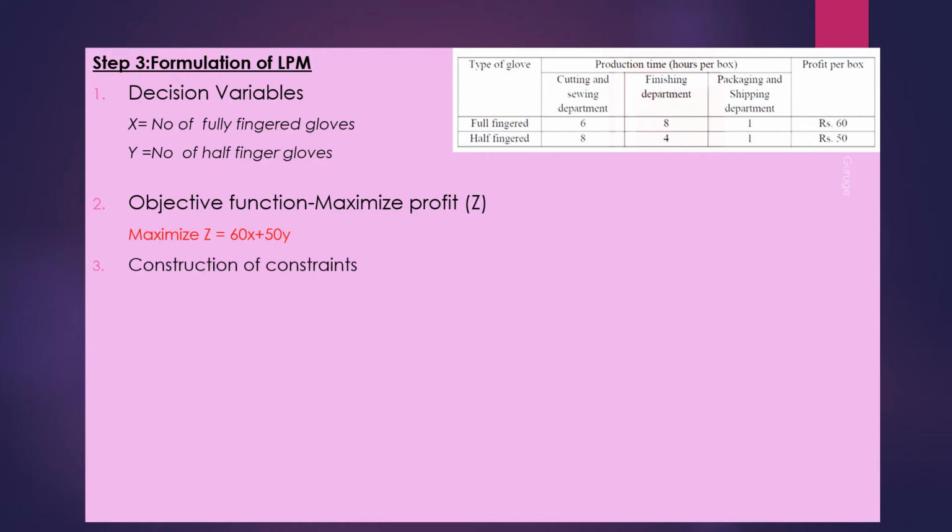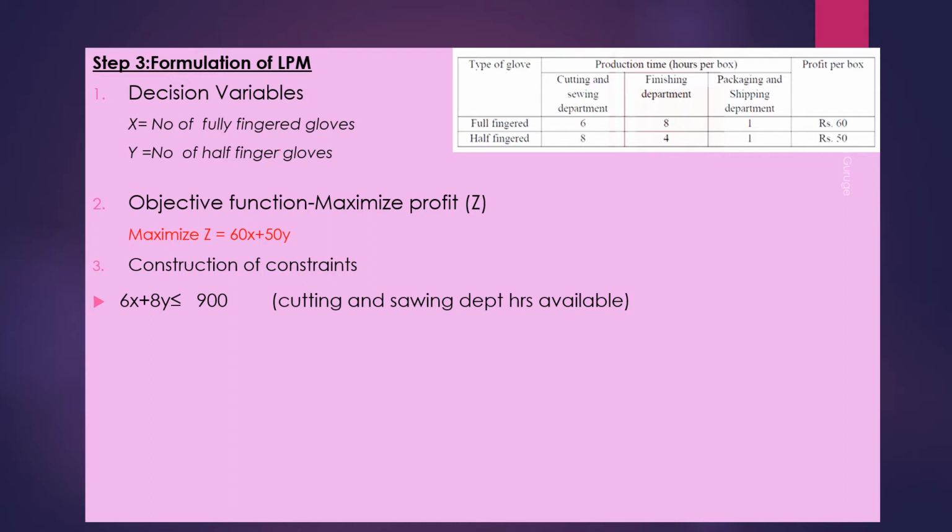Then let's see what the constraints are. Constraints are limiting factors. Here the resources, in other words the hours, are limited for each department. Let's focus on the first one. According to it, the products X and Y need 6 hours of X and 8 hours of Y. But the cutting and sewing department's hours availability is limited.